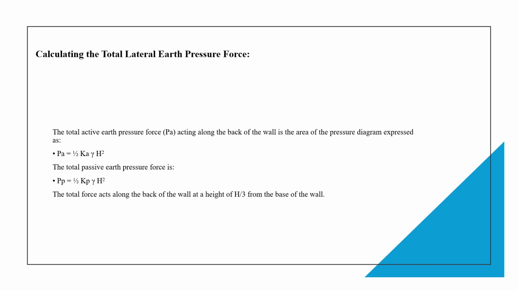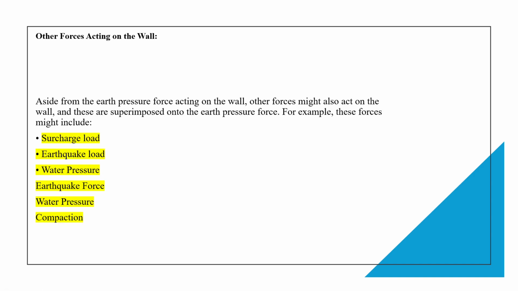The total force acts along the back of the wall at a height of h divided by 3 from the base of the wall. So here, the earth pressure force equals half of the coefficient of active pressure times the unit weight of the soil and the height to the power of 2. And the same for the passive.